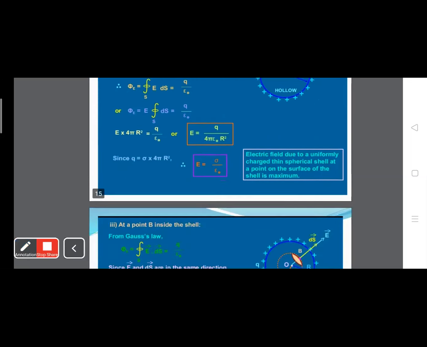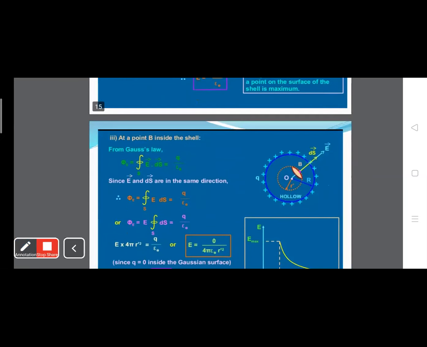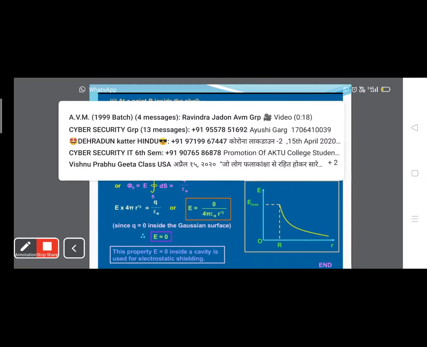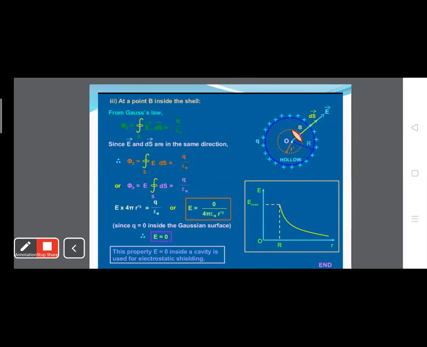Okay. And now the third point is at a point inside the shell. We have to find the electric field inside the shell. For this, consider a small spherical element inside the shell at a distance r dash.